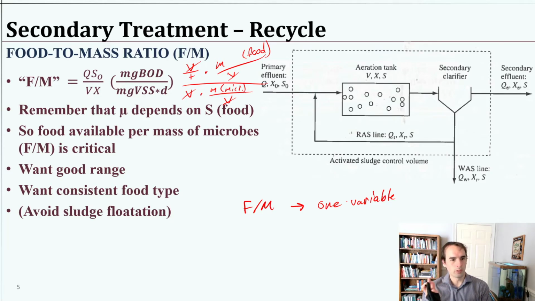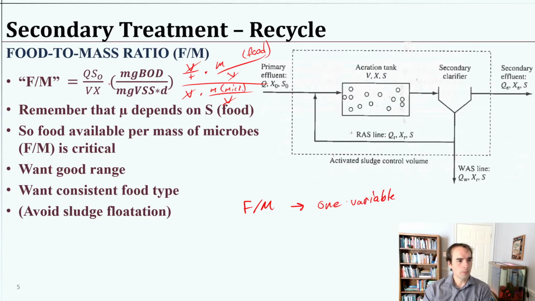Some microbes will really do the best and be able to outcompete everything else when there's a constant supply of food. So in operating your treatment plant, you want to make sure you're monitoring the amount of microbial food that's coming in and adjust your parameters based on how much food there's going to be.